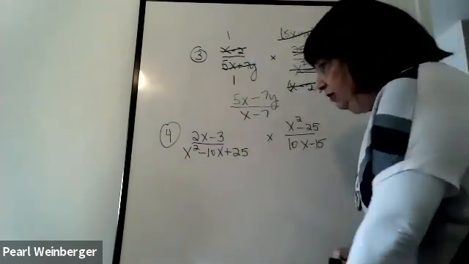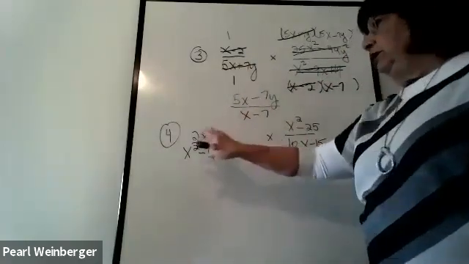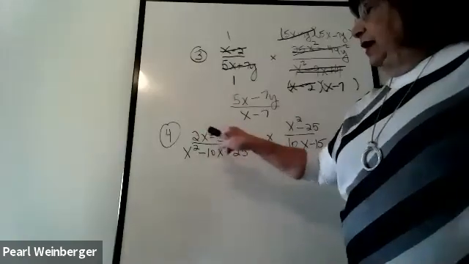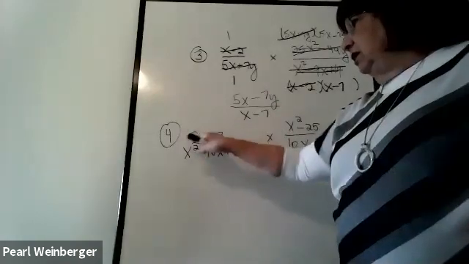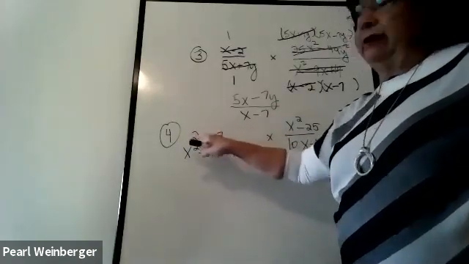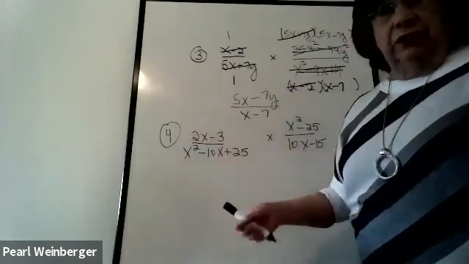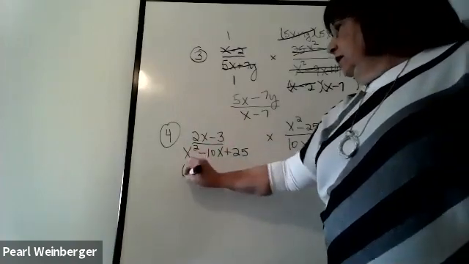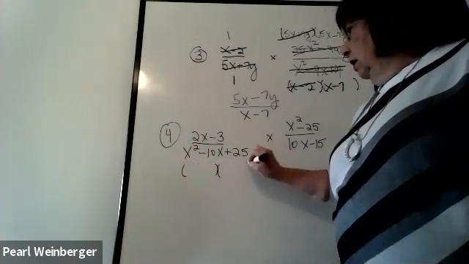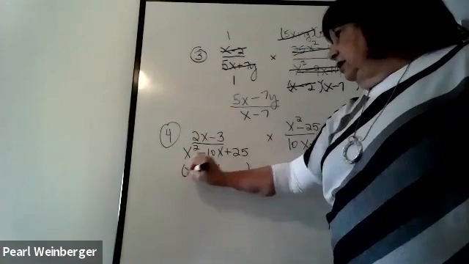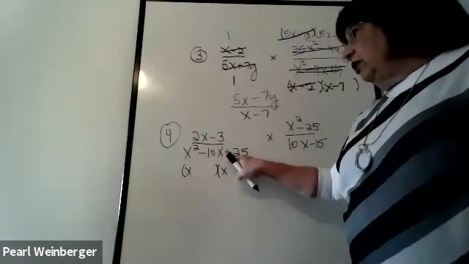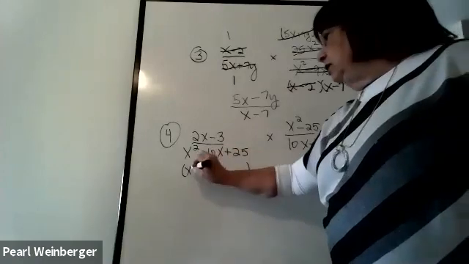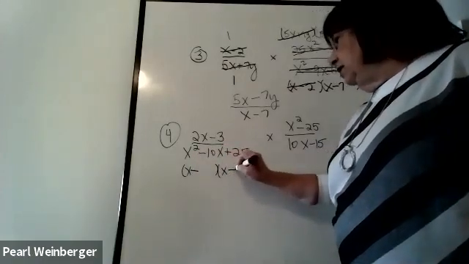So again, these are all polynomials, so we have to factor. 2x minus 3, there's nothing to factor there. It's as simple as possible. There's no common factor, not the difference of squares. This, we can factor to x and x. My final term is positive, and the middle is negative, means both of them are going to be minuses.